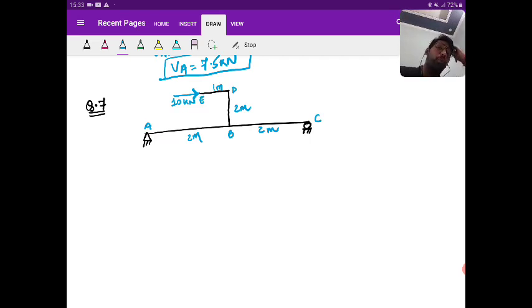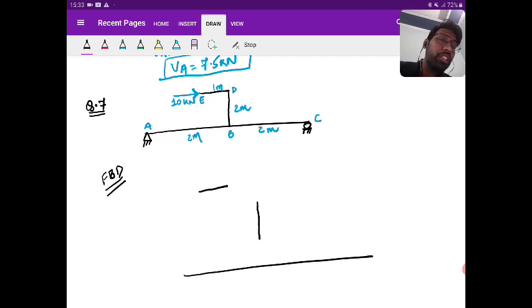So can you draw the free body diagram in your copy? The free body diagram, break it in 3 parts. Try to draw the free body diagram.